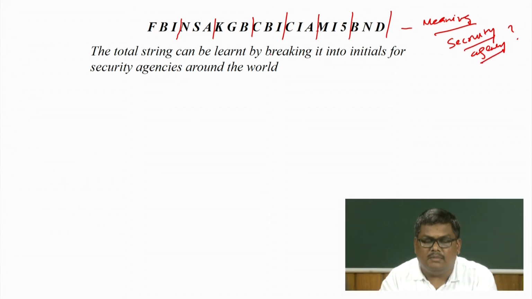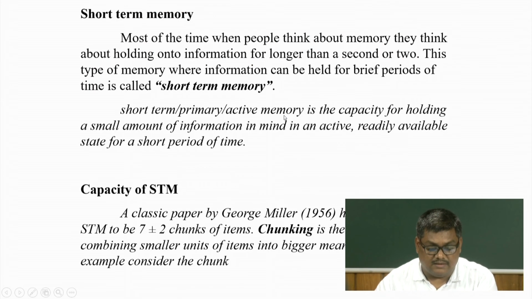So, these can be chunked into smaller chunks. The meaning of the bin which holds these chunks together is security agencies, and that way you will be able to remember this whole string of letters. This is the process of chunking.